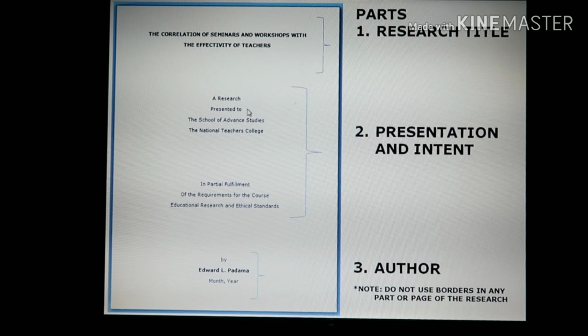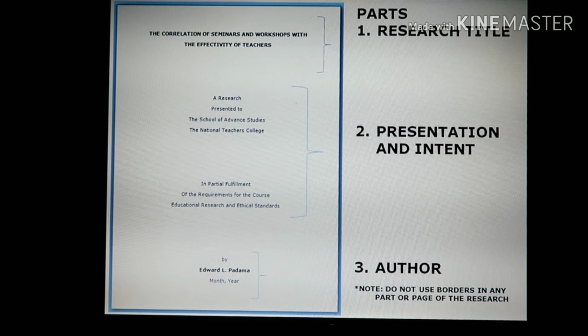So this part contains the department wherein you're presenting your research. So in this case, it is the School of Advanced Studies in the graduate level. And then the fourth line would be the name of the school where you are presenting your research.